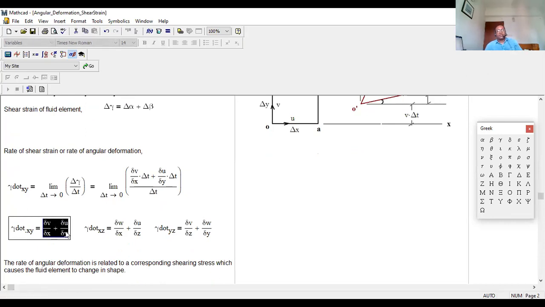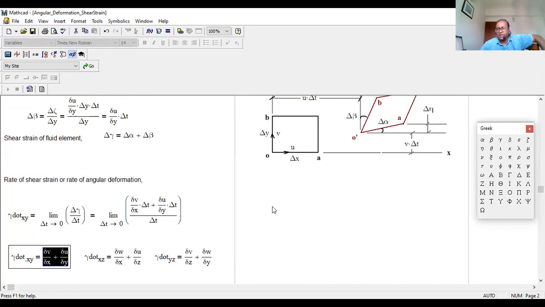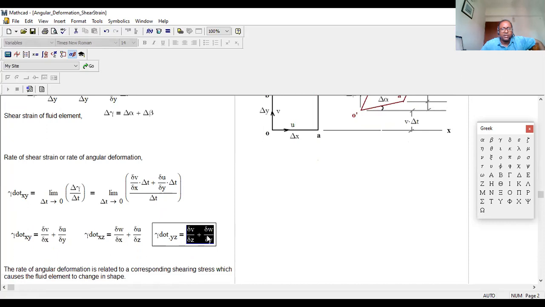Similarly, if you would like to figure out the rotation of the fluid element along the xz plane, you get this one. Along the yz plane, you get this one. Very simple. Gamma dot xy: you take derivative in x, and you have to take velocity in y, del v by del x, plus then you take the derivative del y.